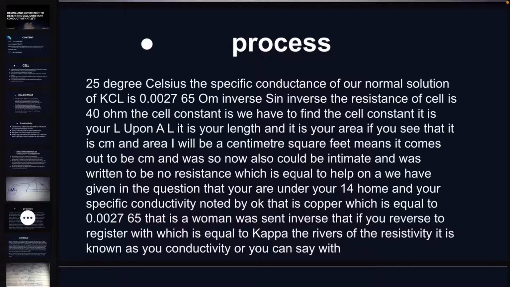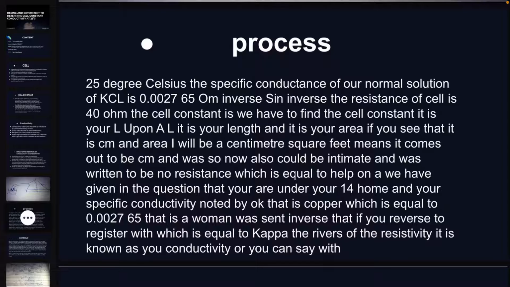Here I've written that at 25 degrees Celsius, the specific conductance of our normal solution of KCl is 0.02765 ohm inverse. The resistance of the cell is 40 ohms. We have to find the cell constant. It is l upon A, where l is the length and A is the area.